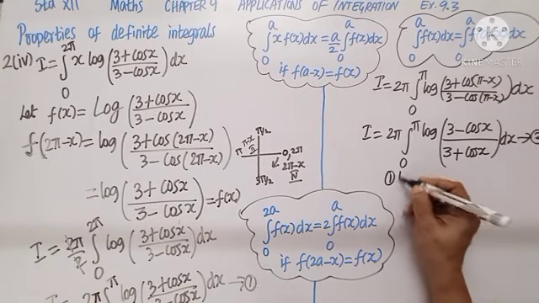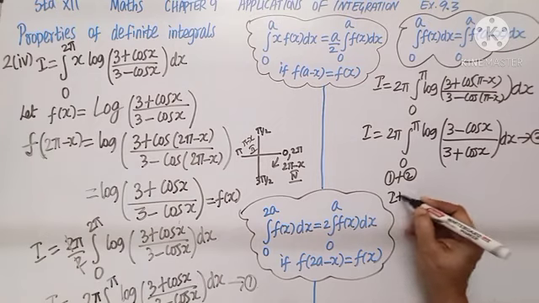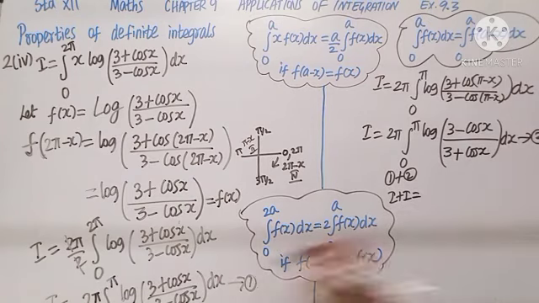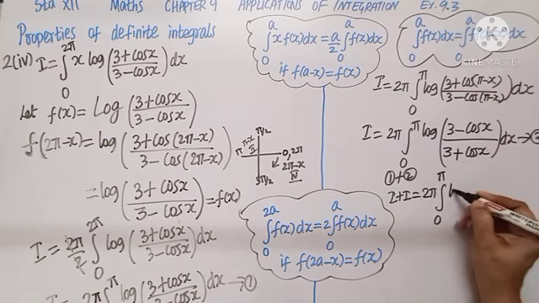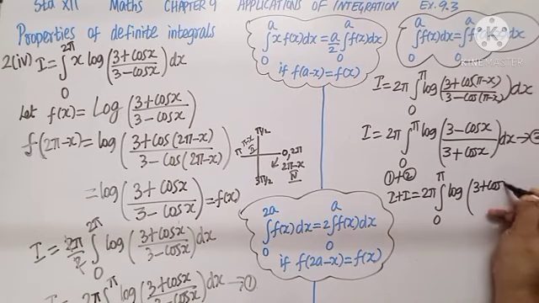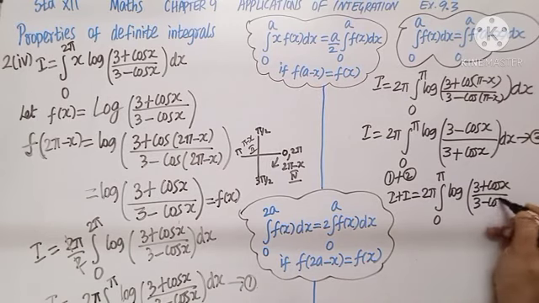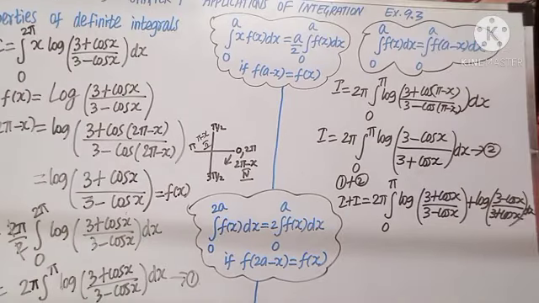We shall add 1 and 2. I plus I equals 2 pi common in both. Integral 0 to pi common in both. Here I have log of 3 plus cos x by 3 minus cos x plus log of 3 minus cos x by 3 plus cos x into dx.